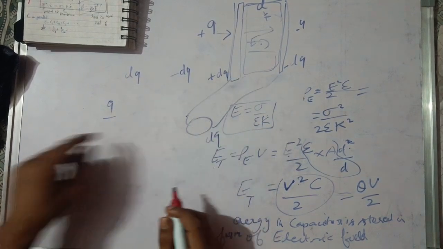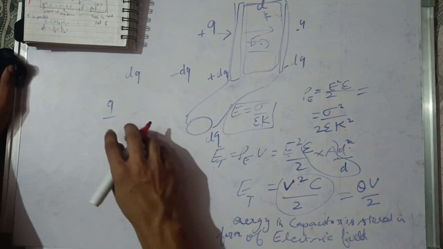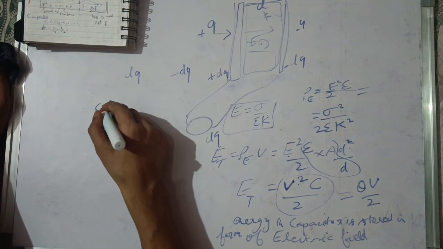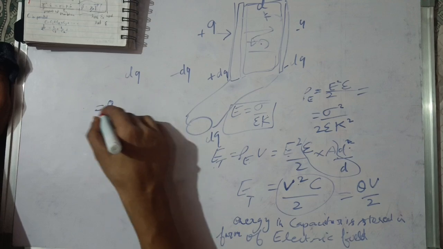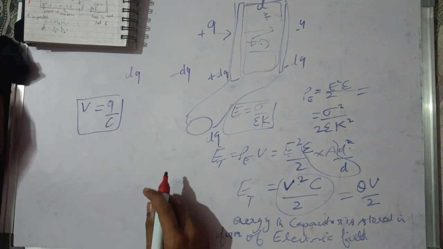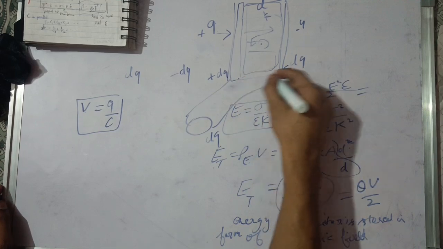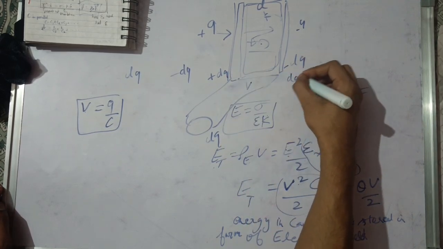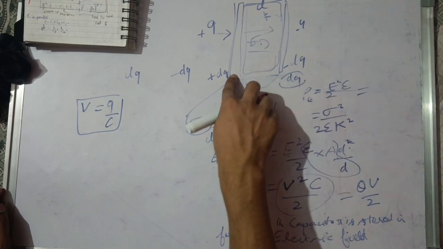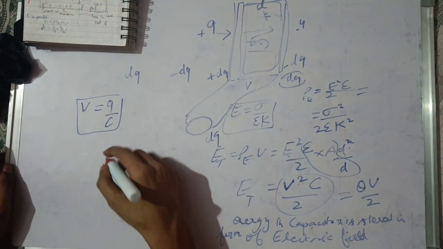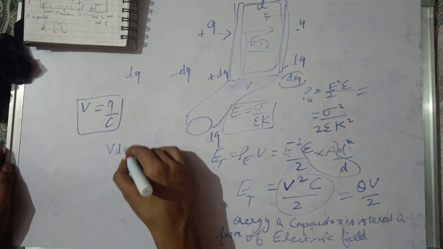The voltage between them is q by C, and to move a dq charge across this potential difference V, the work done is equal to V times dq.